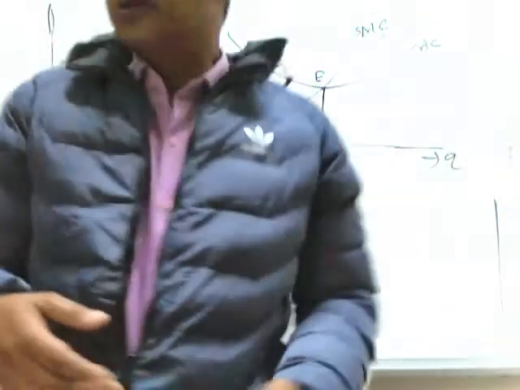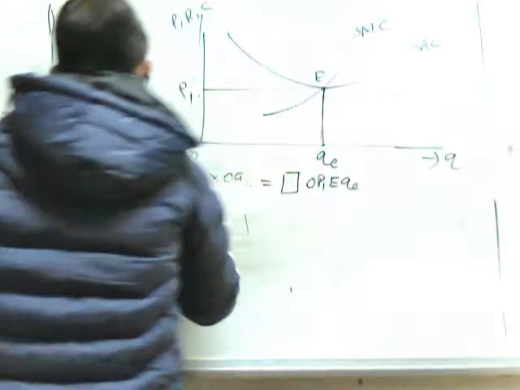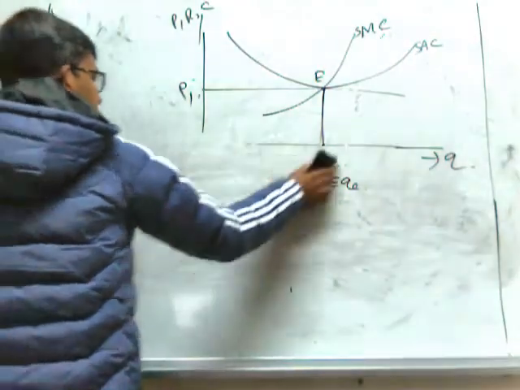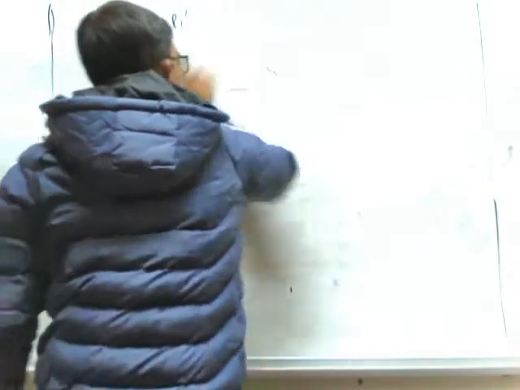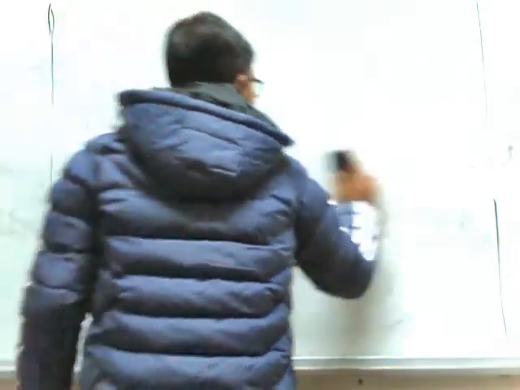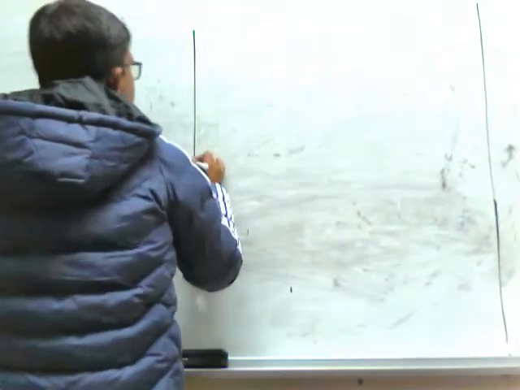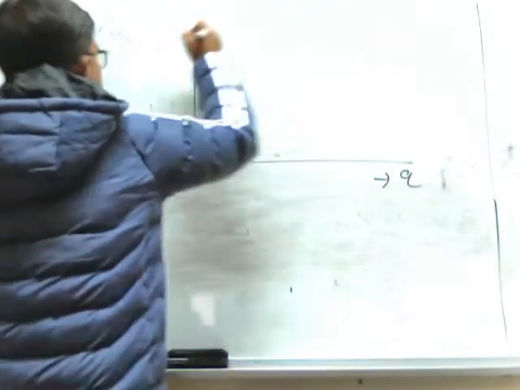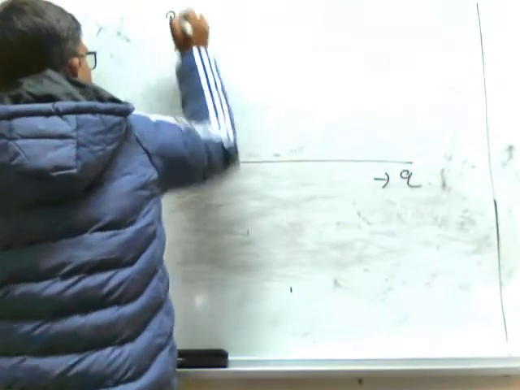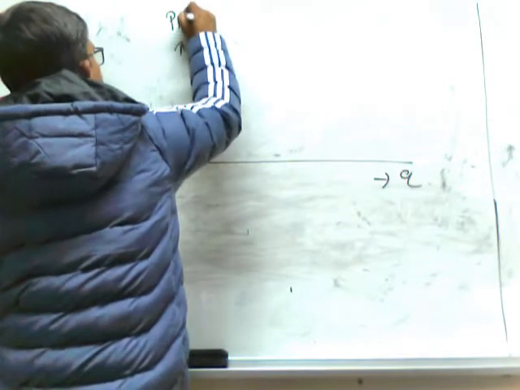Now the third case. Now in this case we see, again on the horizontal axis we are measuring Q, on the vertical axis we are measuring price, revenue and cost.